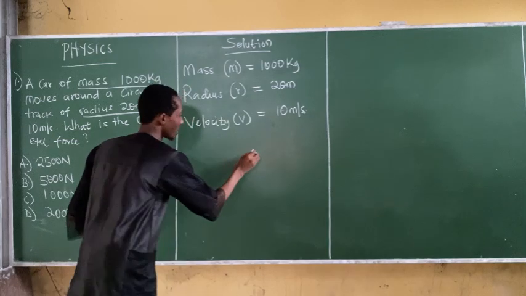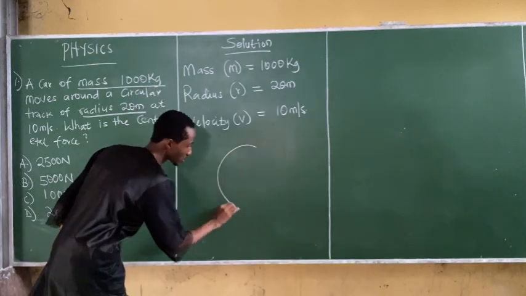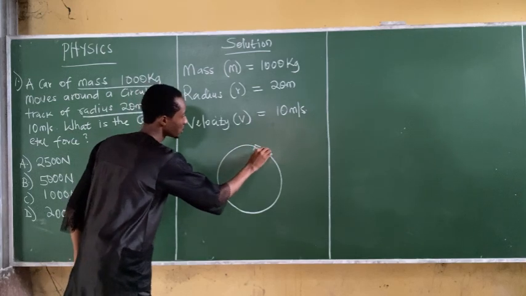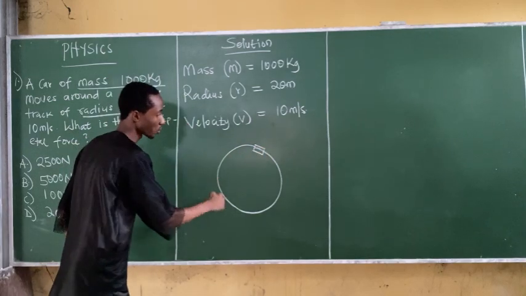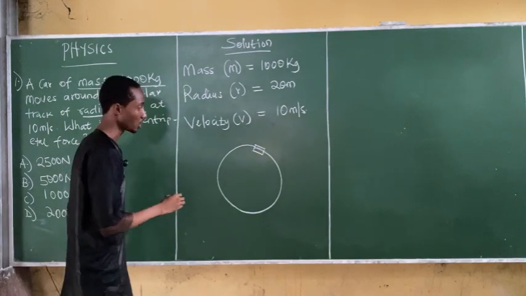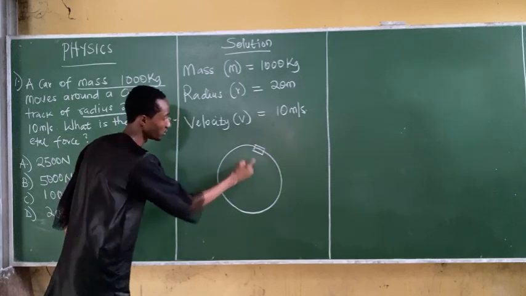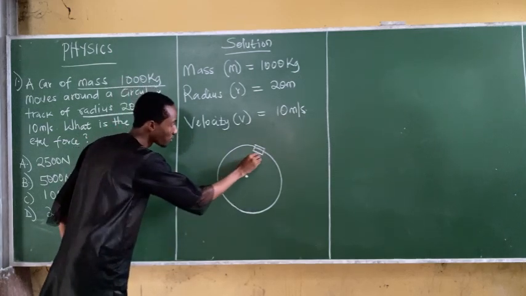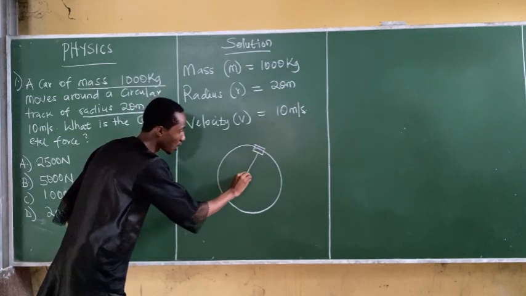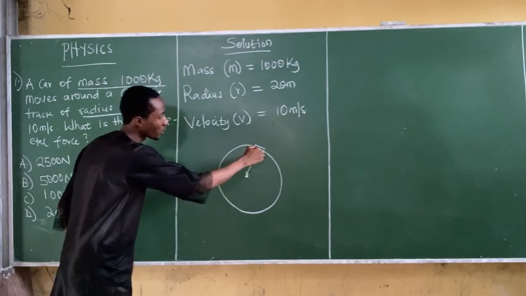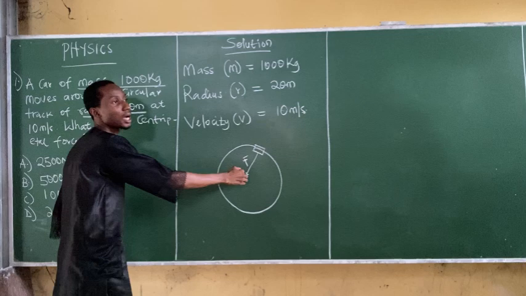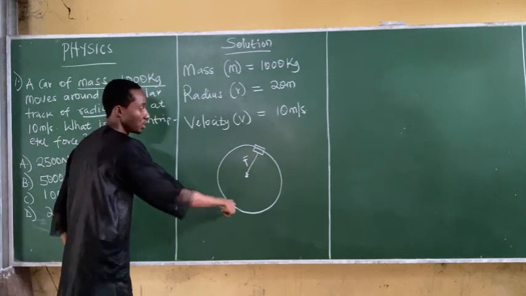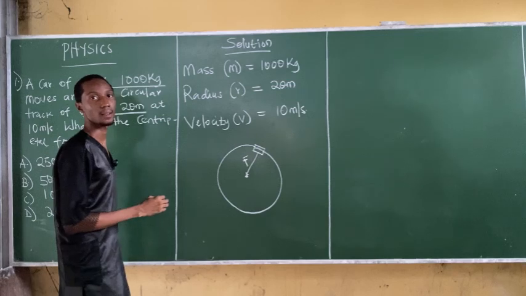Let me cite an instance. This is a body moving in a circular path. This is the center. It requires a force pointing towards the center of this path to keep this body moving in this track.